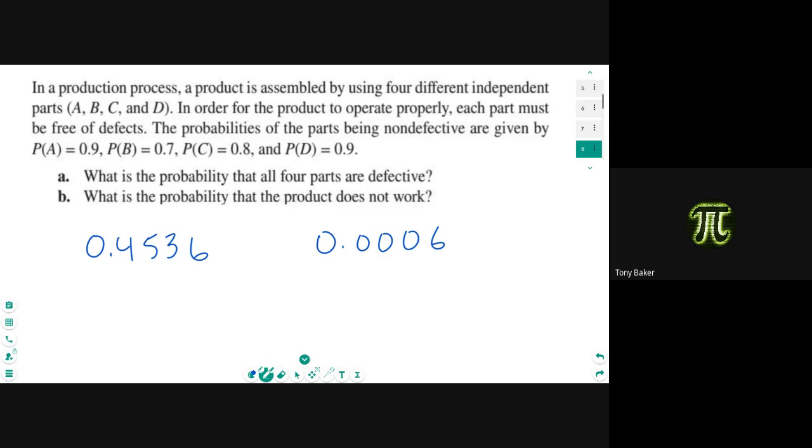Now, can anybody else tell me why that one's correct? Is it because you have to see, like, the probability of them being defective based on that?